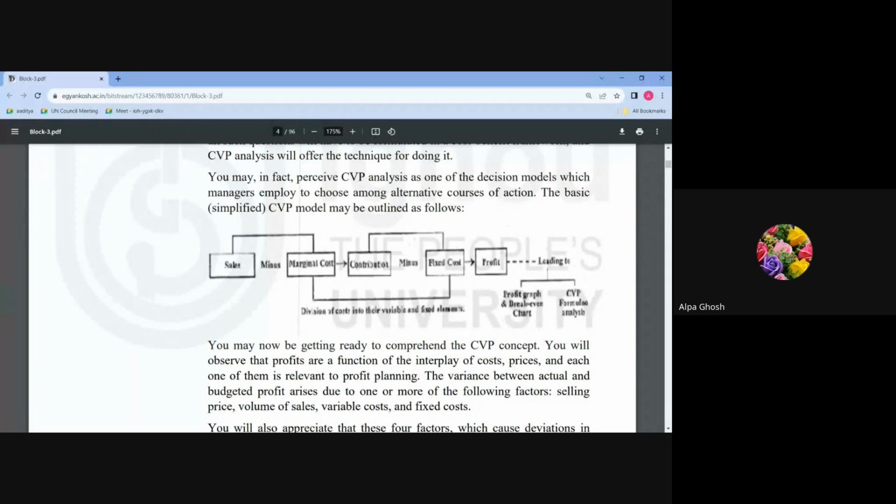So sales minus marginal cost is known as contribution. From the contribution you subtract fixed cost, and that is your profit. So in order to understand profit, we need to find out what is fixed cost, what is marginal cost, and what is contribution.